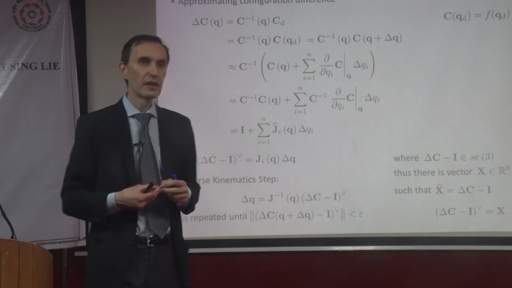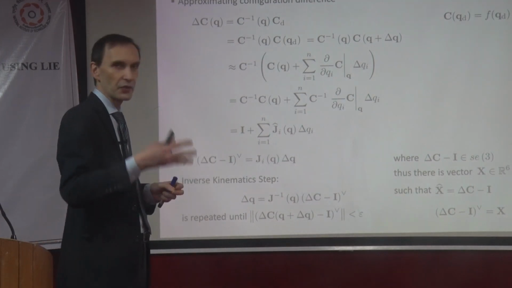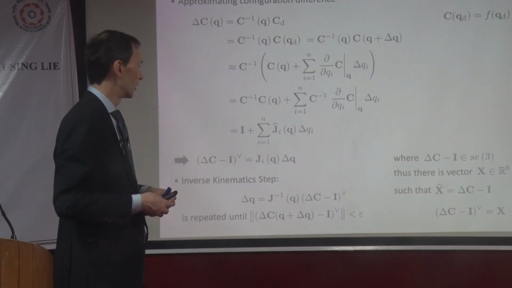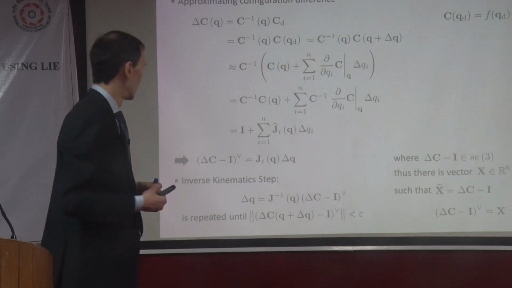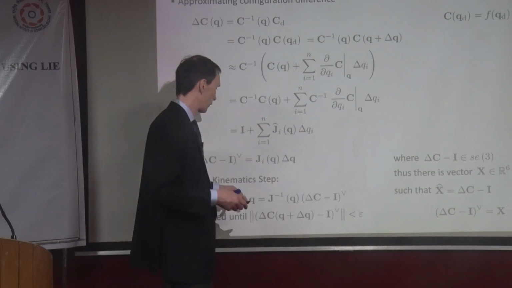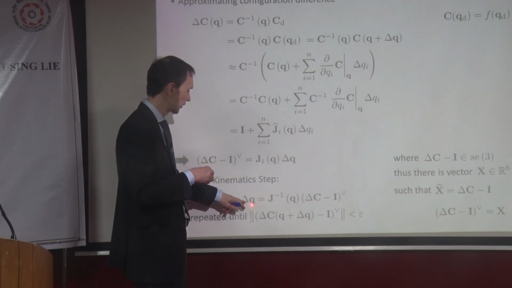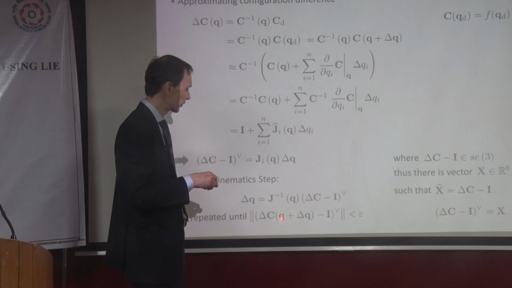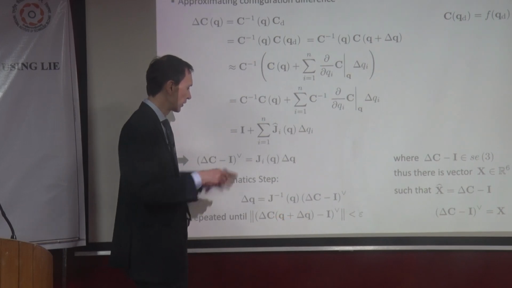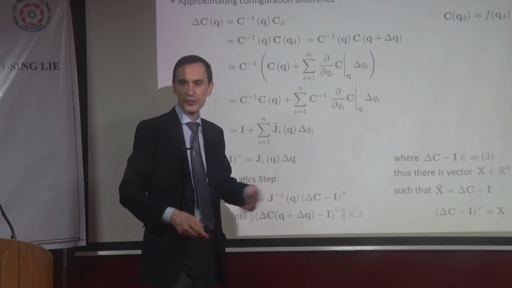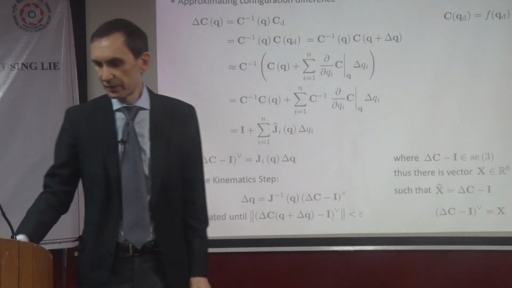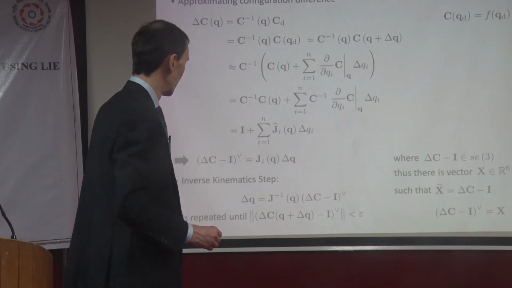That's what we said, right? So you have to repeat this, and as you said, this is a kind of a Newton-Raphson iteration scheme. You start from a certain configuration Q, then you compute this, then you define delta Q, then you define your new Q as Q plus delta Q, and then you repeat everything again, and it converges quadratically. Most of the time.